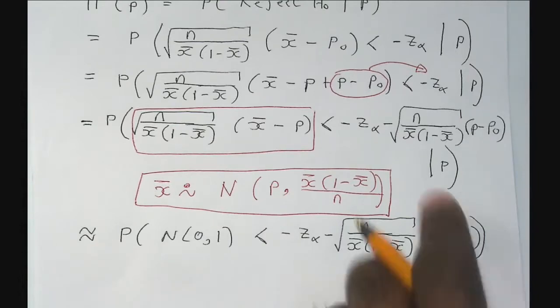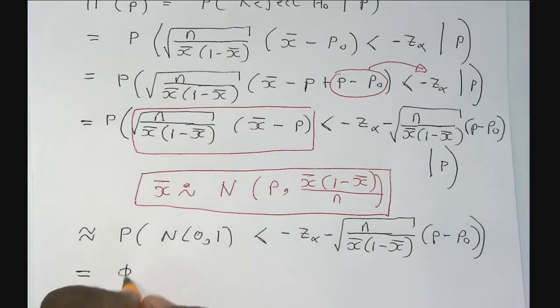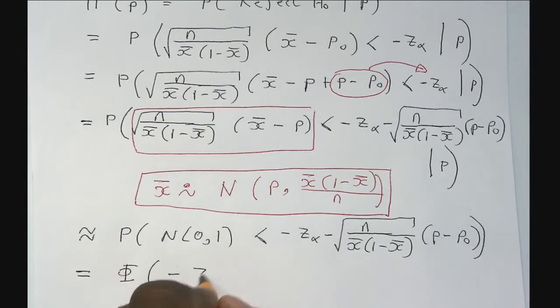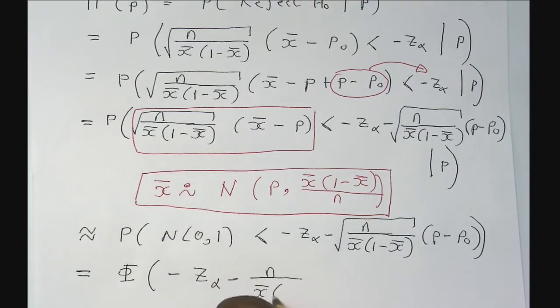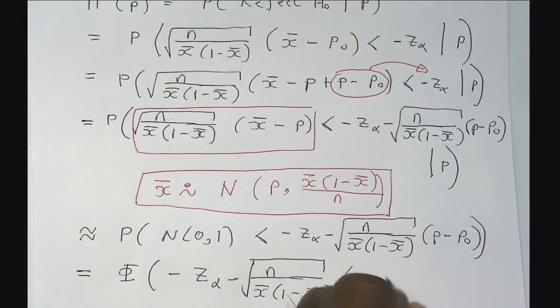And once again the conditioning on p is no longer needed because we have used the conditioning to argue that this is approximately normal, right? Now this you can write as phi. Alright, so this completes question 3.